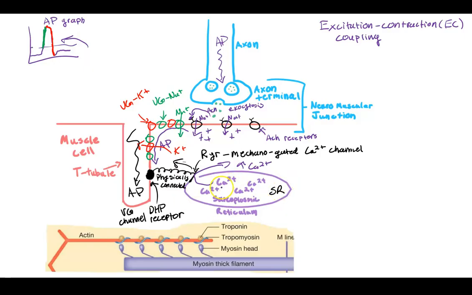And we see that the SR is really just a storage unit for calcium, right? So if we open the door on the storage unit, the contents can just spill out, right? They can start to exit. So we start to get lots of calcium present in the cytoplasm because it exited the SR into the cytoplasm.